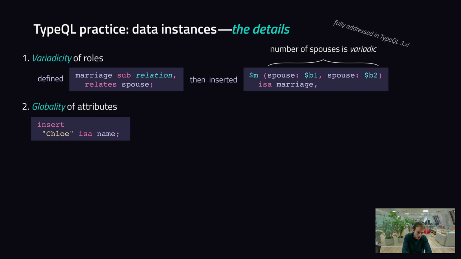The next point concerns the globality of attributes. As it turns out, I actually lied to you when I said that attribute types have to be instantiated with an owner. They can also be instantiated without an owner. So for instance, the following is valid TypeQL. You can write insert Chloe is a name. And what that would do under the hood is, well, it would also add Chloe, the literal value Chloe, to the name type, but it would not give that value any owner.